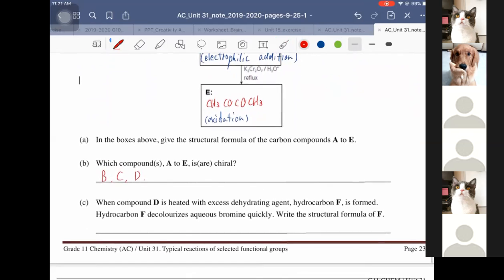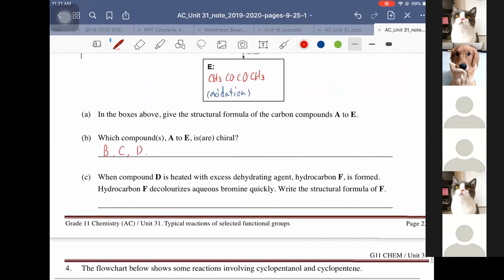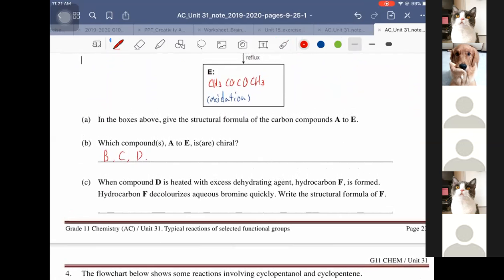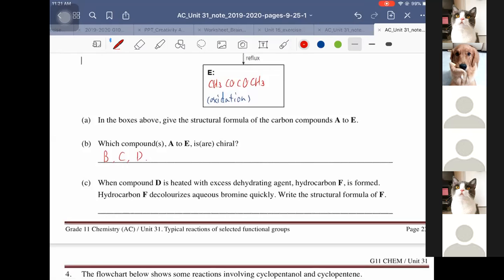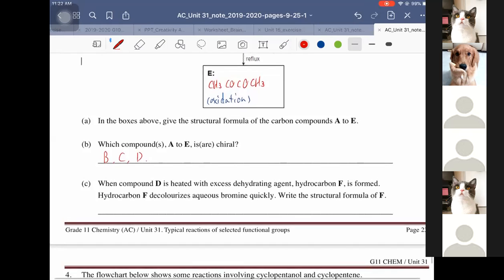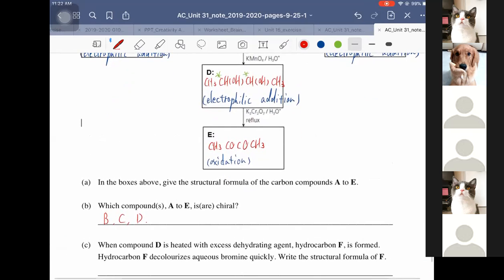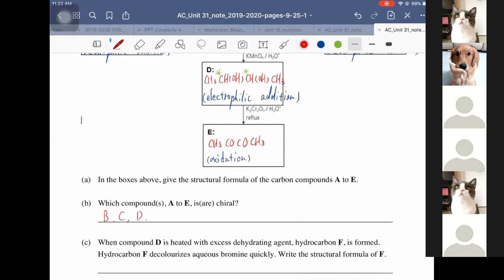And then the last one for this part: when compound D is heated with excess dehydrating agent, hydrocarbon F is formed. Hydrocarbon F decolorizes aqueous bromine quickly. Write the structural formula of F. Take a look at D. We have the diol here.